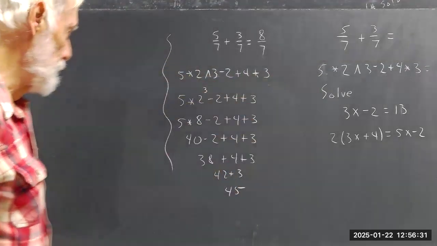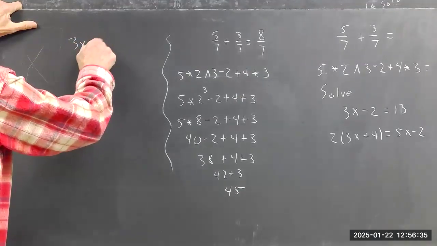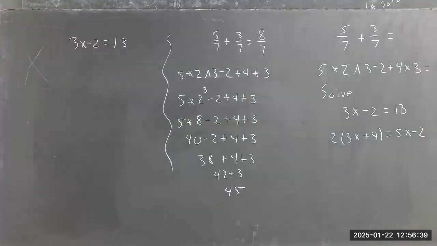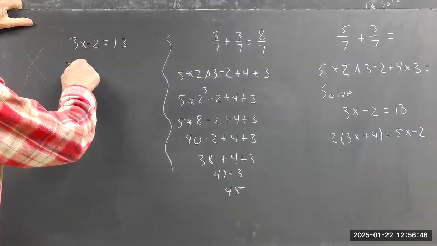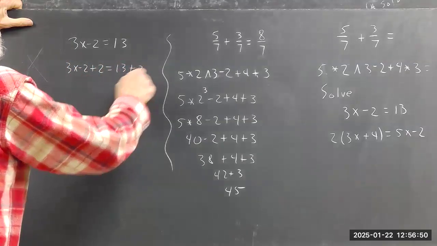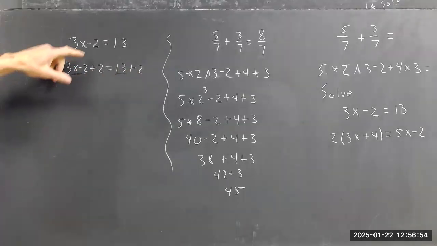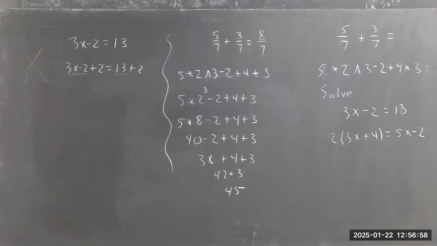Now we're going to solve this equation. We got 3x minus 2 equals 13. Okay. Now, the way I will solve this is I'm going to say 3x minus 2 plus 2 equals 13 plus 2. I might even underline the 3x minus 2 and the 13 because that's what I started with, and emphasize that I've added 2 to both sides.